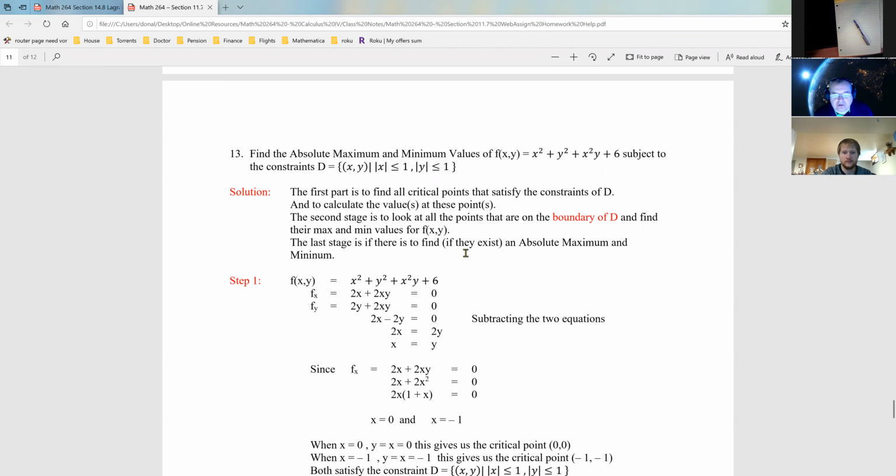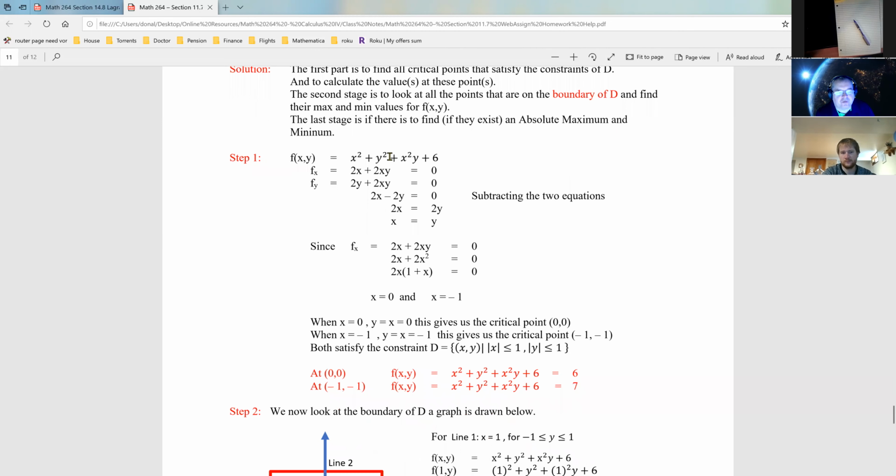So the first thing that you're going to do is find all the critical points. So ignore this bit D and just go for the usual places, which is what we call the critical numbers, the critical points. So if you take your function, which is this guy, and you do the partial derivative with x, and you do a partial derivative with y, here are the two equations that you set to 0.